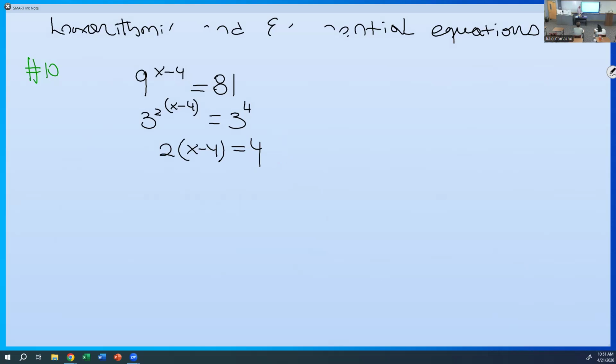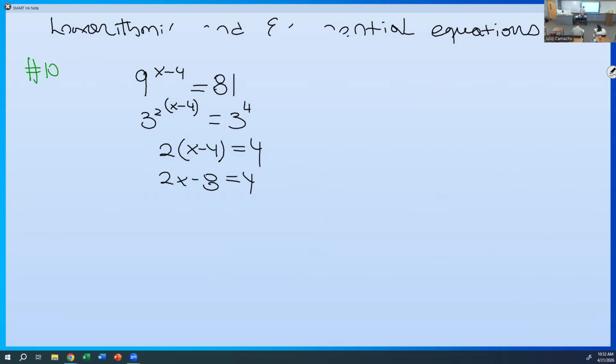The 2 times x minus 4 is the exponent of the exponent, because the exponent was x minus 4, but when I put this in base 3, it's 3 to the 2, and that is raised to x minus 4. Now I can distribute here, and you have 2x minus 8 is equal to 4.